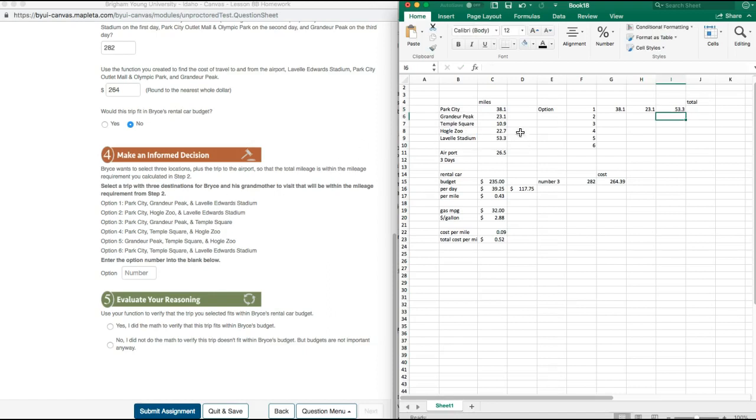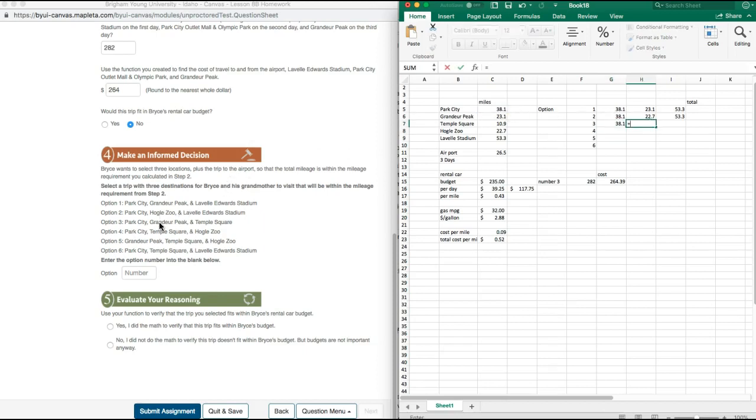The next one is Park City again. Actually, several of them are Park City, so equals Park City. And the next one is the Hogle Zoo, equals the Hogle Zoo. And the next option is Lavelle Edwards Stadium here. Option 3, if you want to fast forward the video a little bit, you can do that. Park City again.